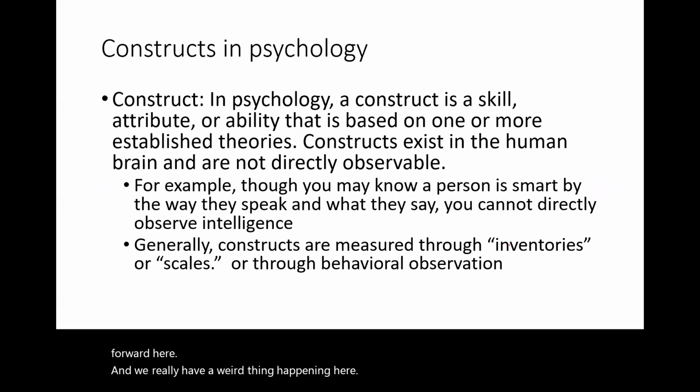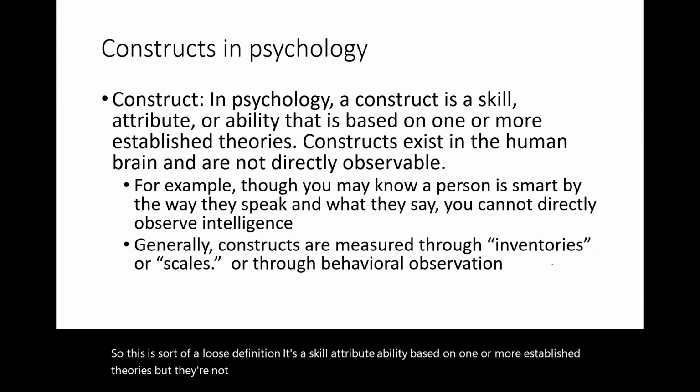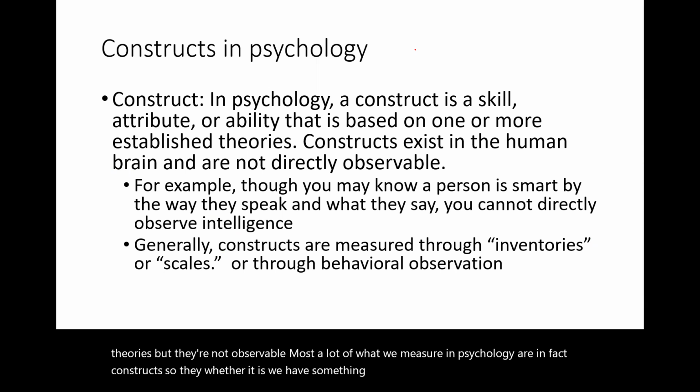There it is. So a construct is, so this is sort of a loose definition. It's a skill, attribute, ability based on one or more established theories, but they're not observable. A lot of what we measure in psychology are in fact constructs. So what it is we have something like the example here, smartness or intelligence.